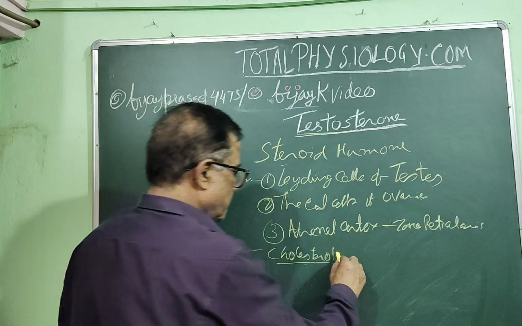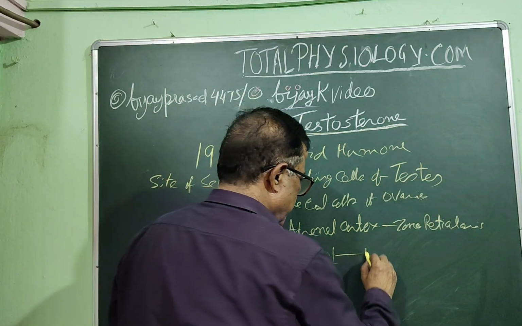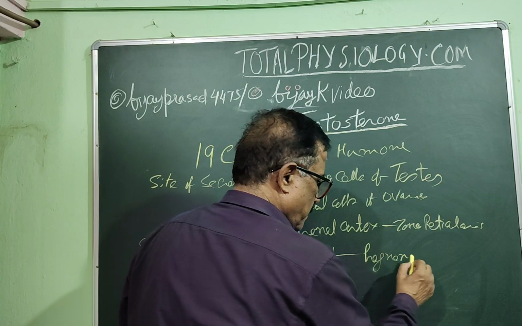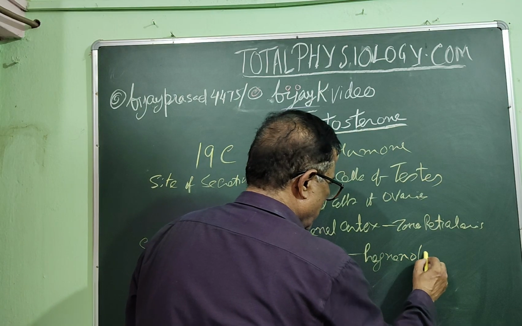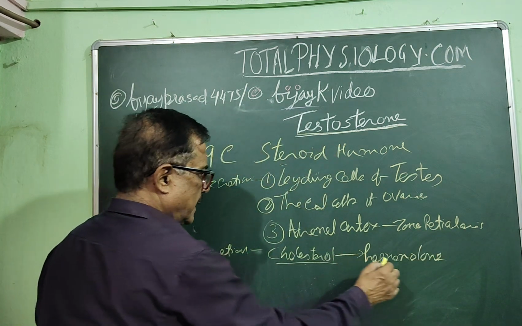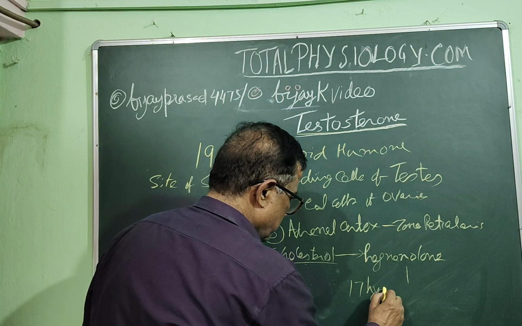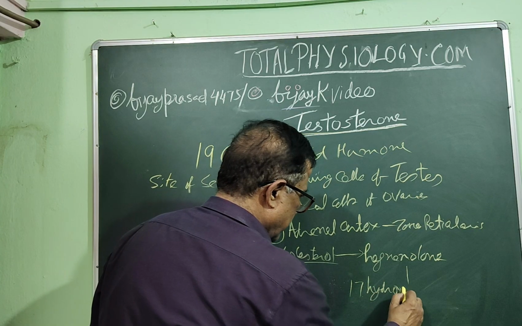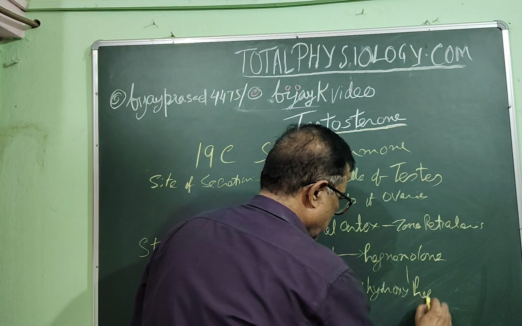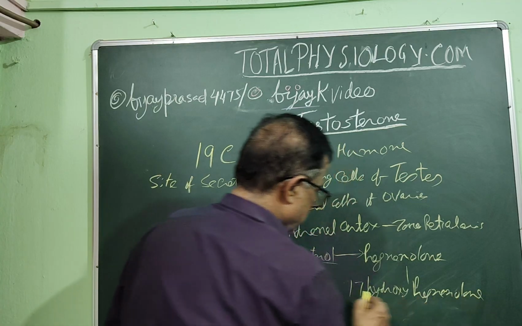From cholesterol, pregnenolone is formed. After that, 17-hydroxypregnenolone is formed.